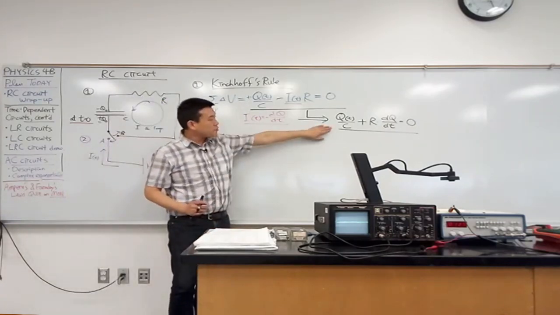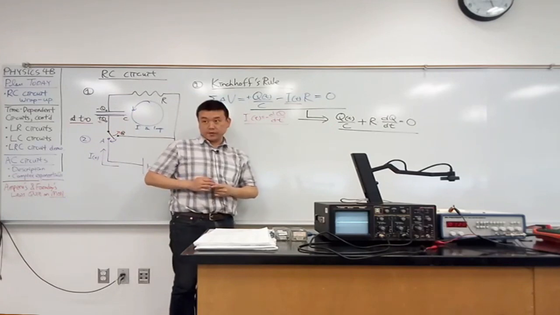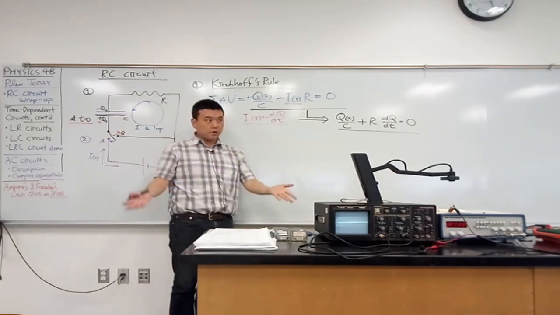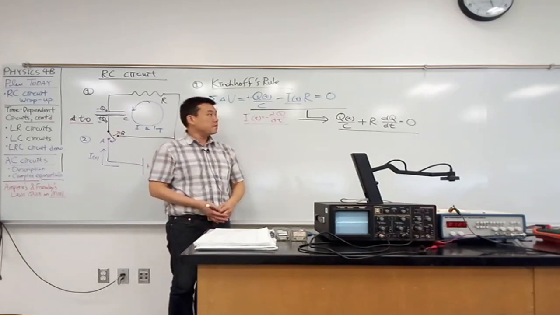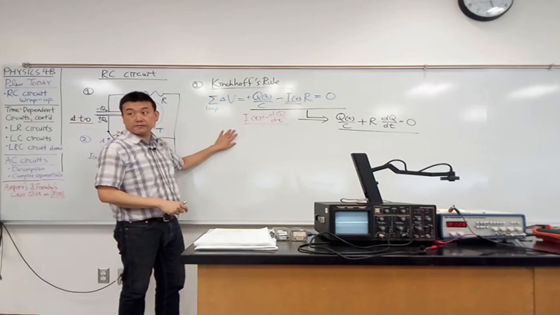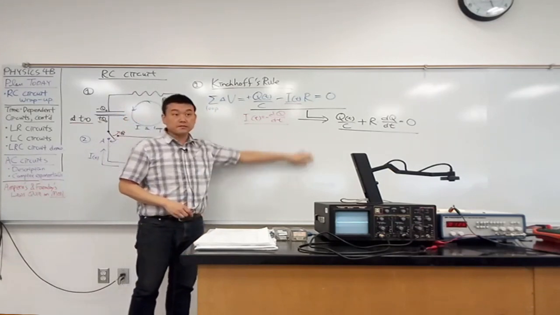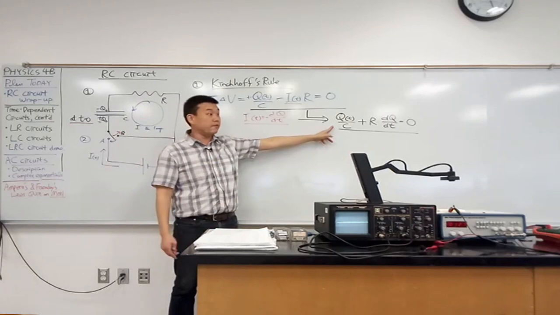When I see a differential equation, I do the same thing that I do when I see a polynomial equation. When you see a polynomial equation, the standard form is where the highest order term is your leading term, and then you write down the rest. You do the same thing with the differential equation. You look at the order of derivatives.